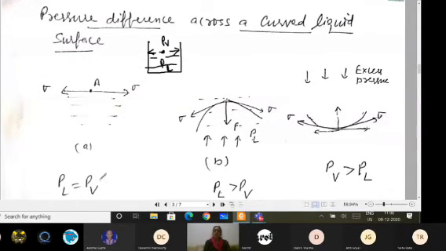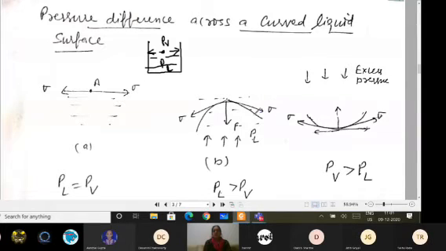But water is not an ideal liquid. In general, tap water has certain impurities, so you get a concave surface, concave upwards. Or for a liquid like mercury, I have a convex upwards surface. Because of the pressure difference, it gets this shape, which is called the meniscus.